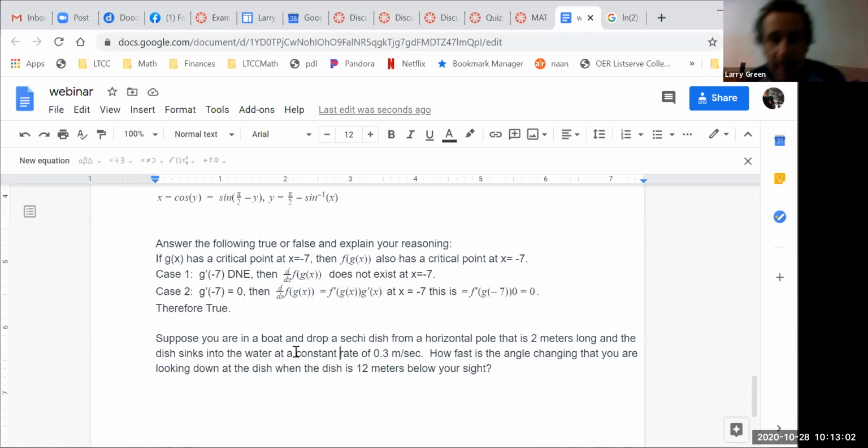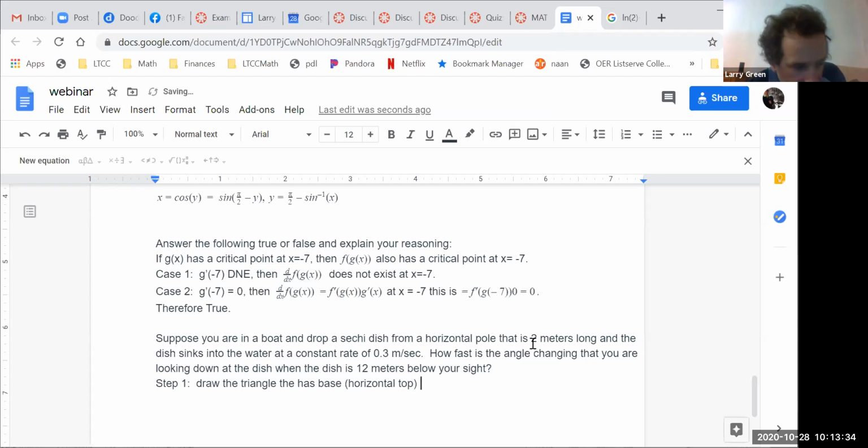Okay, I think I want to talk about it. And the key is step 1, draw the triangle that has base, I'm going to say at the top, so horizontal base 2, because that's not changing, okay?